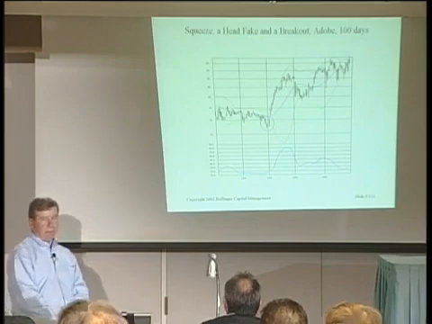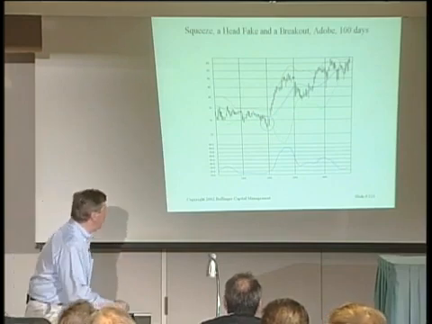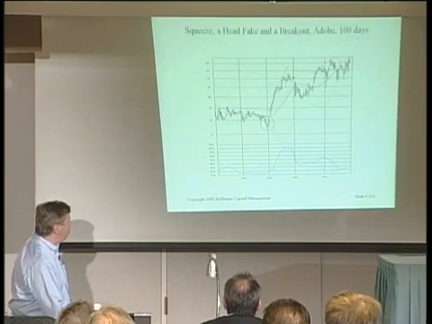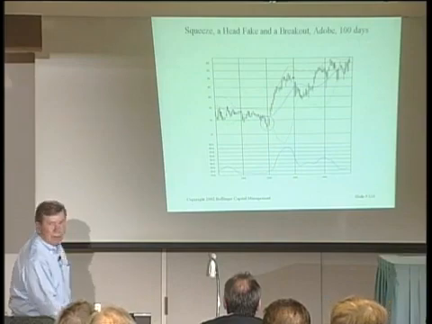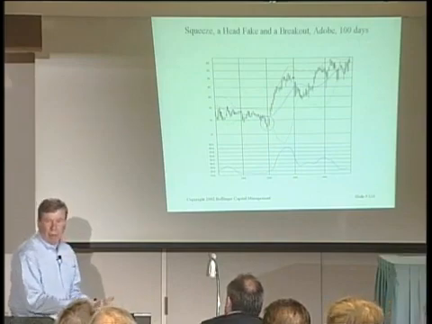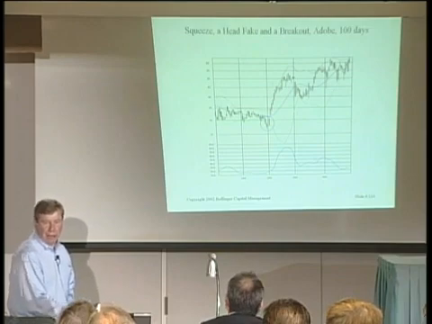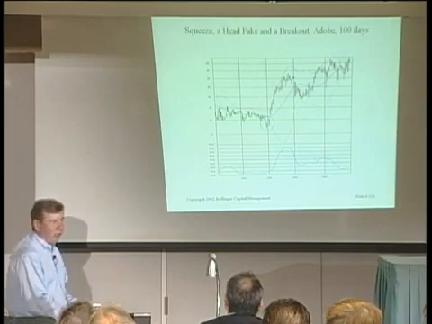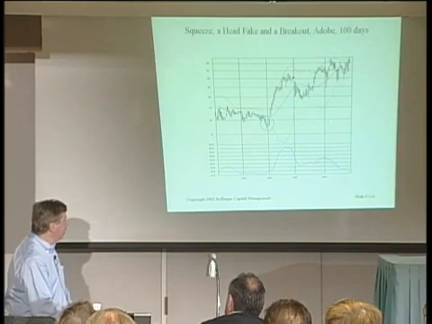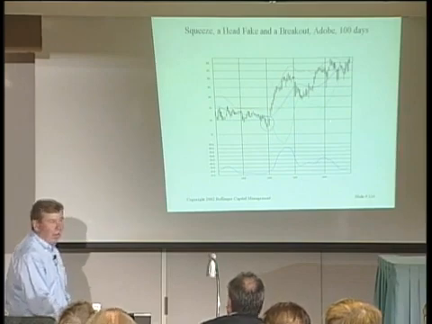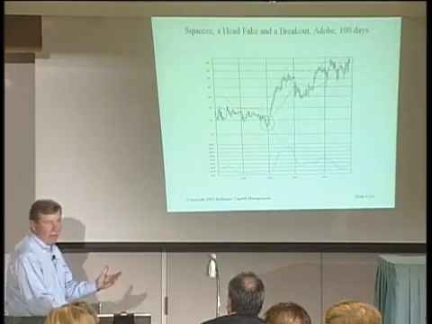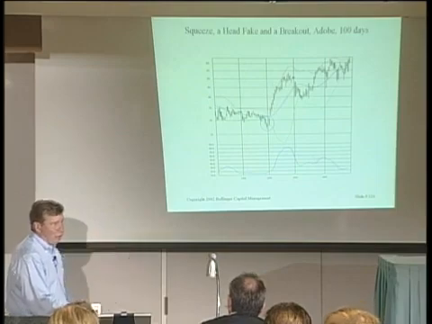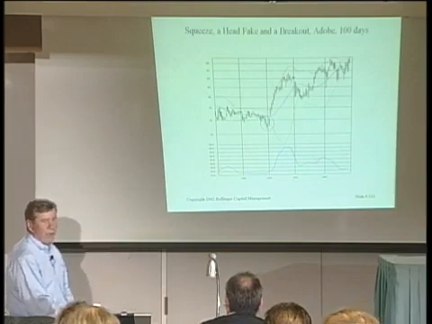Where was your original entry point? Let's assume that it's right at the bottom of the breakout day. Let's assume that you get the worst possible fill that you possibly could get. You short it on the close of the breakout day, and you cover on the close of the sign of strength day, so that you have the worst possible circumstance.